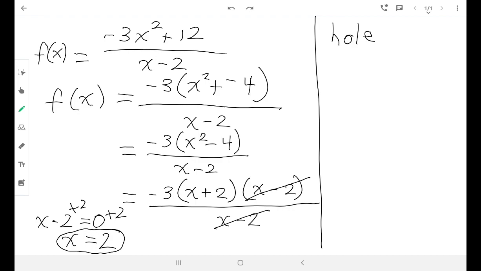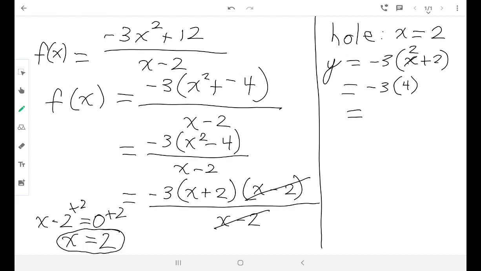So there's a hole at x equals 2, and then you have to calculate the y. y equals negative 3 times x plus 2, which is what's left after this cancellation, and we want a 2 there, so it's negative 3 times 4, which is negative 12.